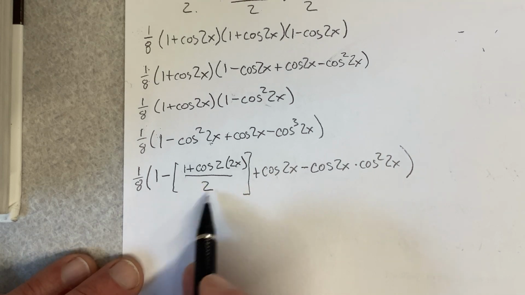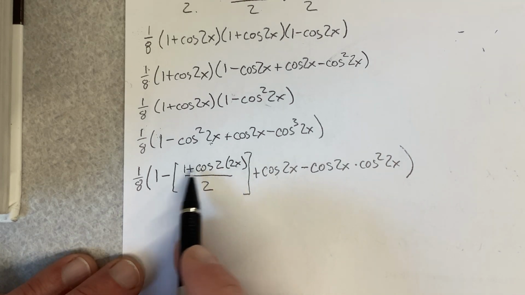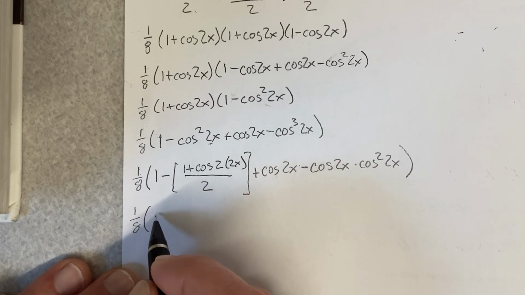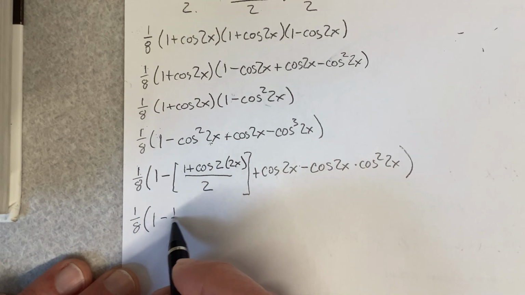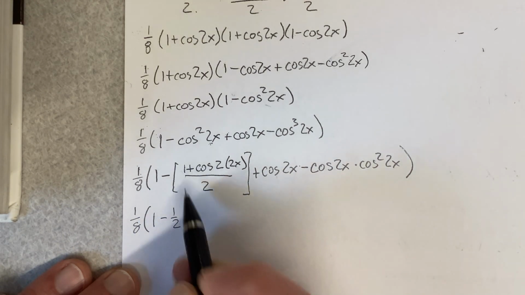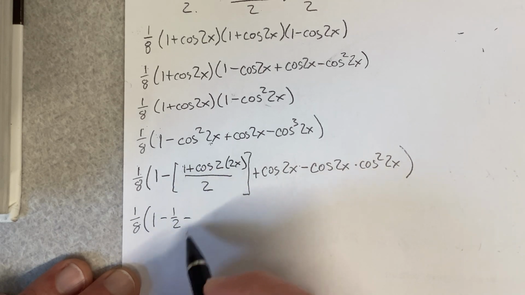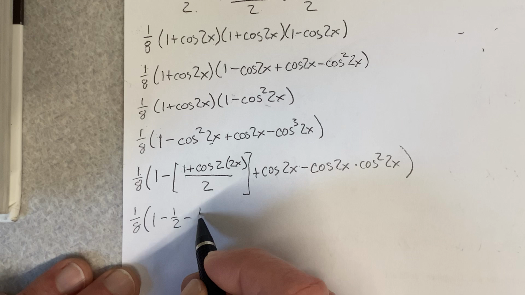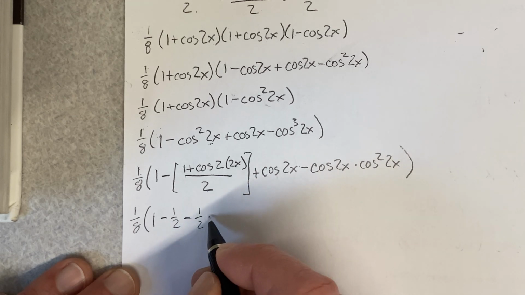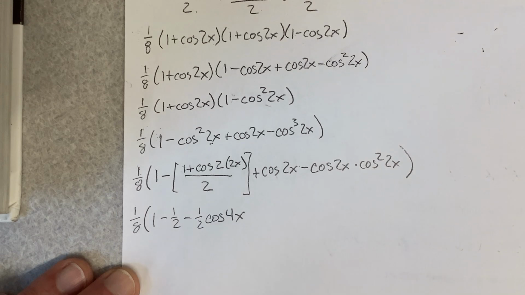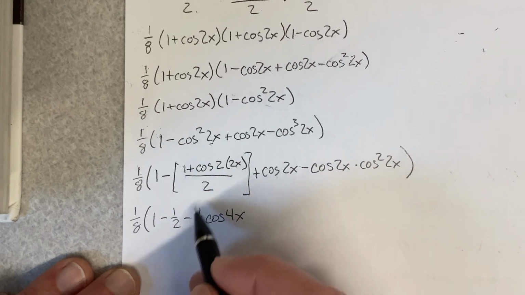So I'm going to simplify this. What we can do is say this is 1 minus a half, because that's 1 over 2, minus 1/2 cosine of 4x. All right, so that's that part.